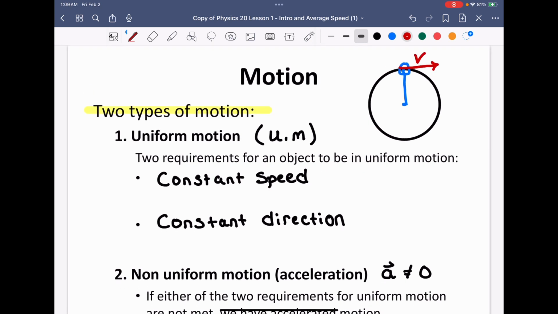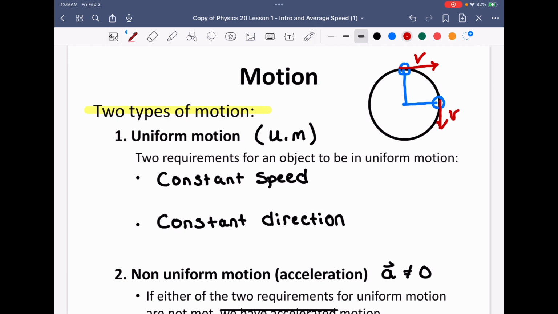So the speed is pointed tangent to the circle at that given point. And then if the ball is moving clockwise and the second position is here, I see that the speed is now facing downwards momentarily.